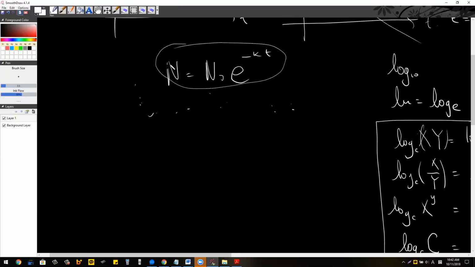You can also write this as N equals N naught times base half to the power of n, where N is the number of remaining particles, N naught is the original number of particles, and n is known as the number of half-lives.